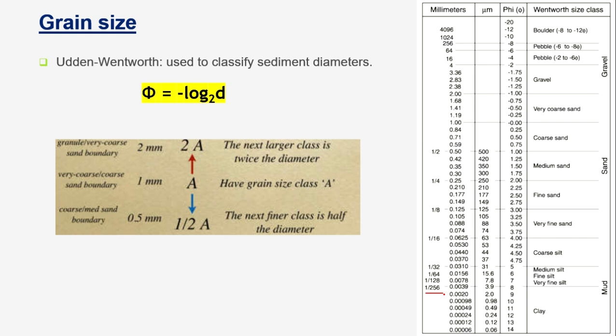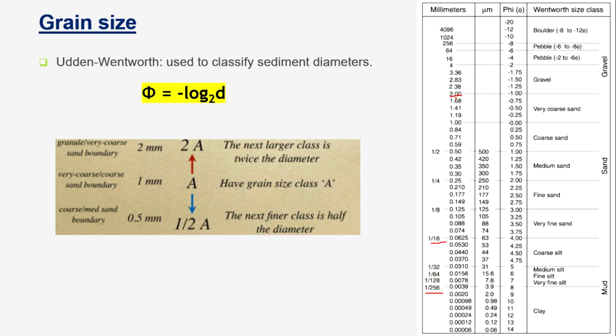The grain size of less than 1 by 256 is said to be clay. From 1 by 16 to 1 by 256 is given by silt. From the value of 2 to 1 by 16 is said as sand, which is further classified as coarse sand, medium, and fine sand. And then the grain size that is more than 2 millimeter is said to be gravel.